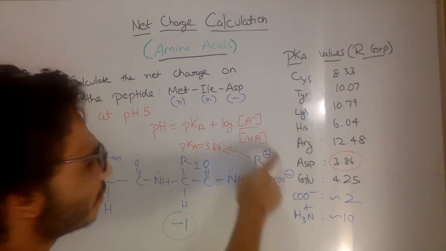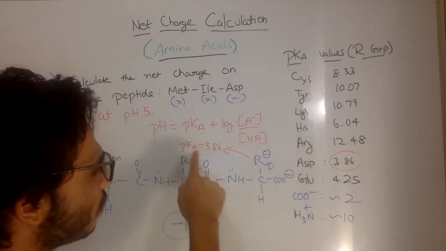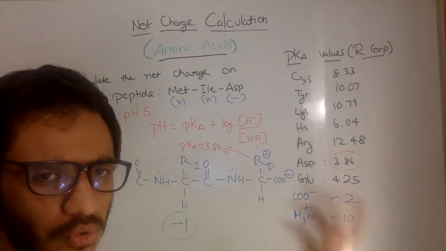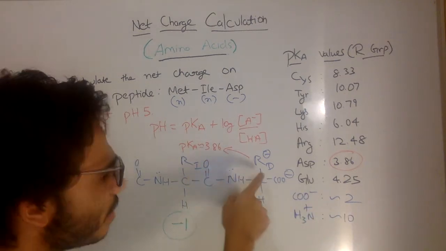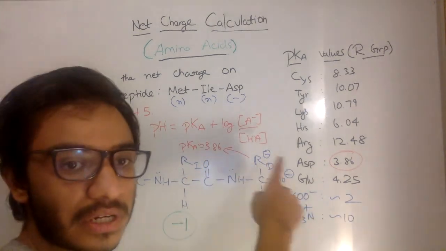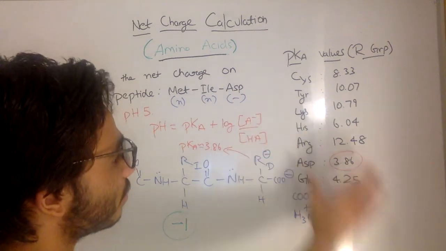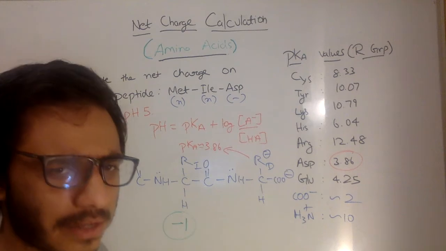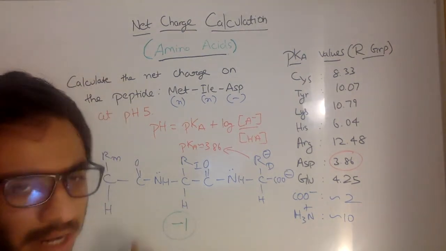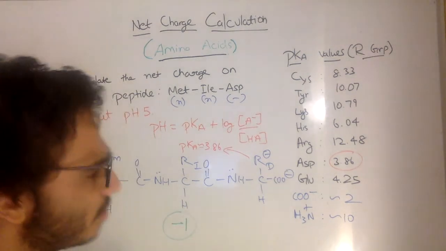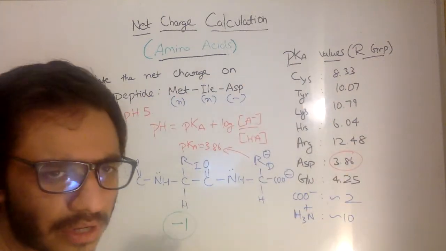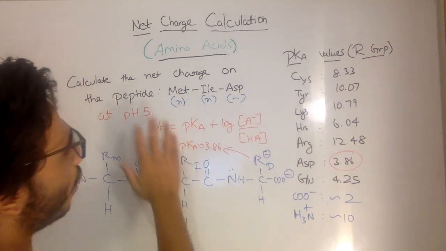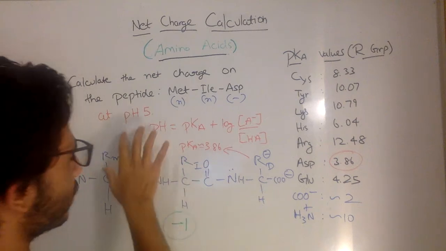If the pH had been below this pKa value, let's say around 3 or 2, which is below 3.86, then it would be protonated and it would lose its negative charge. Right? That's the trick. So we took into consideration everything about this peptide and came to the conclusion that the net charge is -1. So that's how you calculate the net charge of a tripeptide given to you at a certain pH.